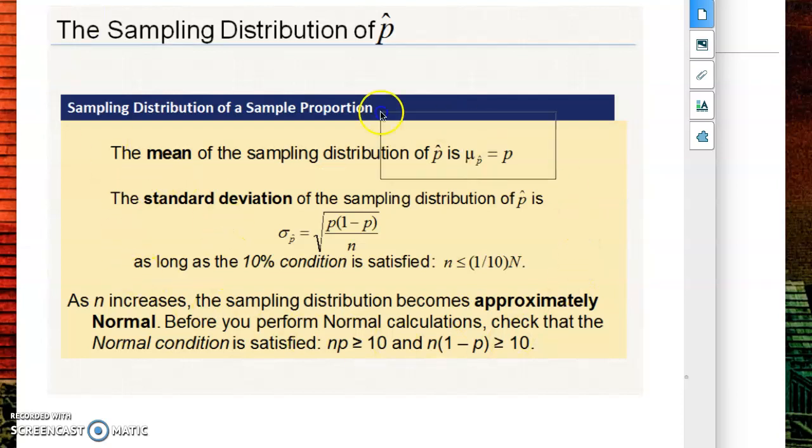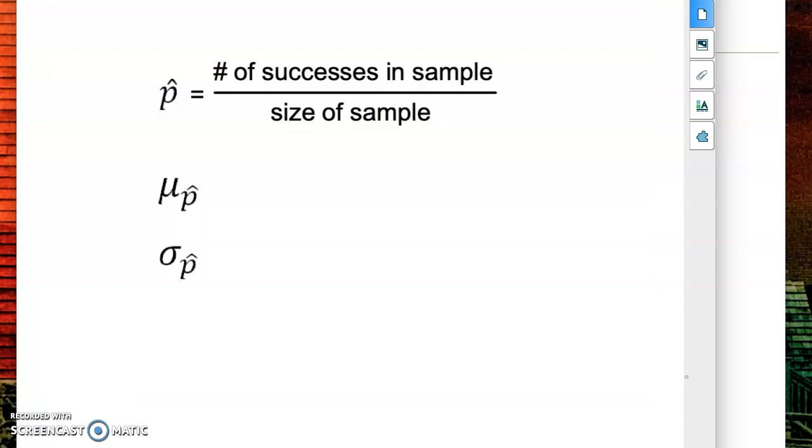And this just says the same thing again, okay? The sampling distribution, the mean is the population proportion p. The standard deviation is given by this formula as long as the 10% condition is satisfied. I didn't mention that, but we still can't sample more than 10% of our population. As n increases, the sampling distribution becomes approximately normal, and here's the condition to check for that. And just to review some of our notation, p hat is our sample proportion, so it's the number of successes divided by the size.